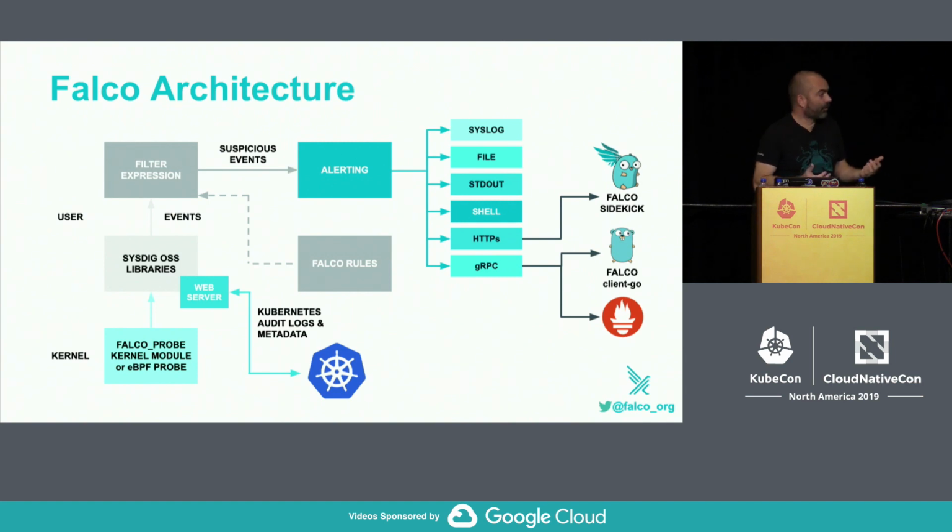To give you a little bit broader example of the architecture, we'll also pull in Kubernetes audit logs, which I'll talk about here in a second. And then we have a whole bunch of different destinations that we can send alerts to. One of the things that we're focusing on, if you're an expert in the space or if it interests you and you want to find a project to work on, is we're really building out this output API and our output interface.